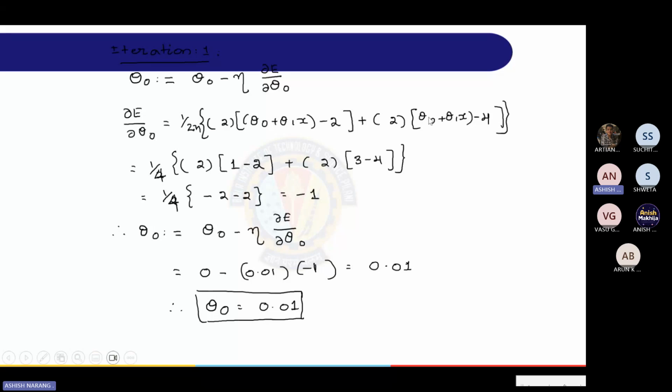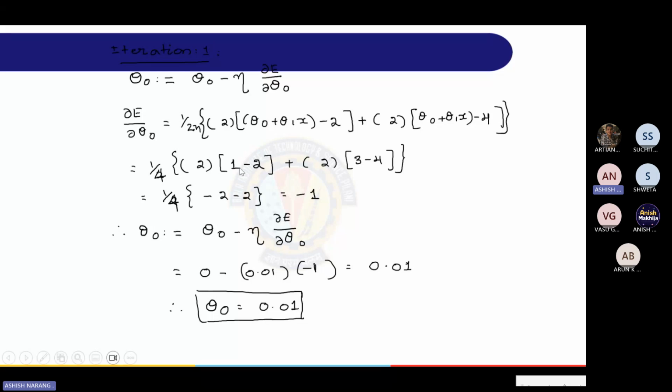This will be 0.01 plus 1.02 into 3. 1.02 into 3 will be somewhere around 3.06, right? 3.06 plus 0.01 will be 3.07. Then you subtract 4 and go around with the things.